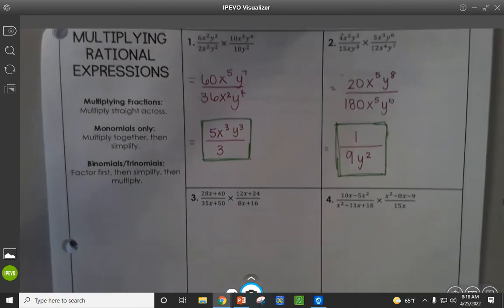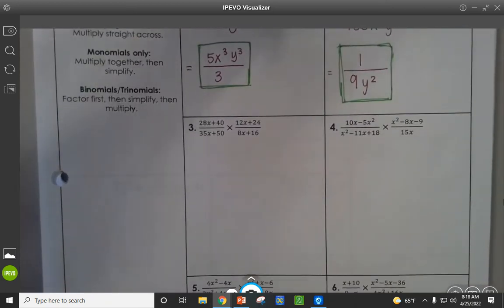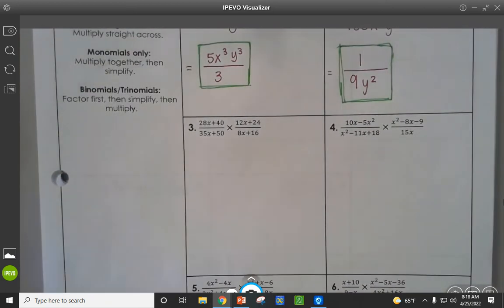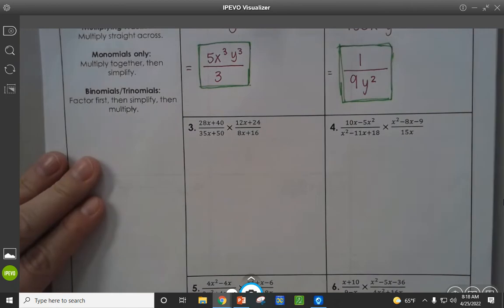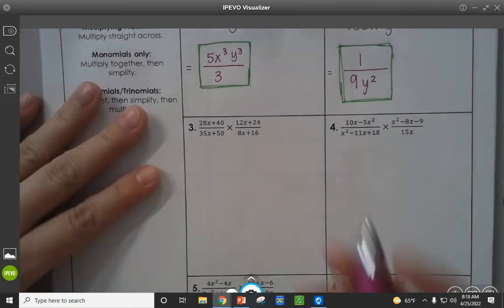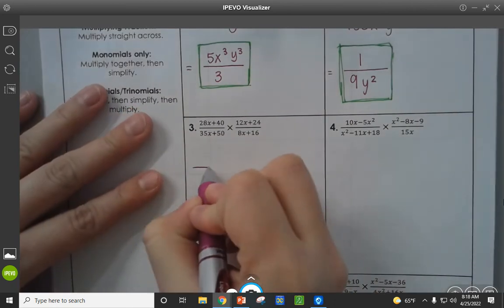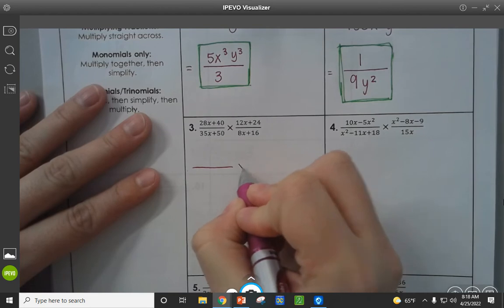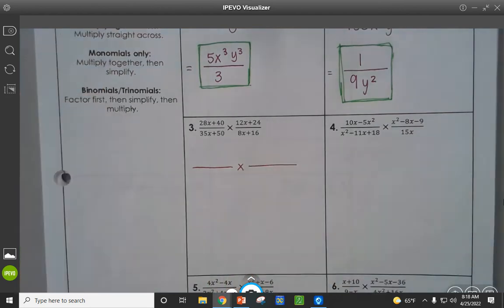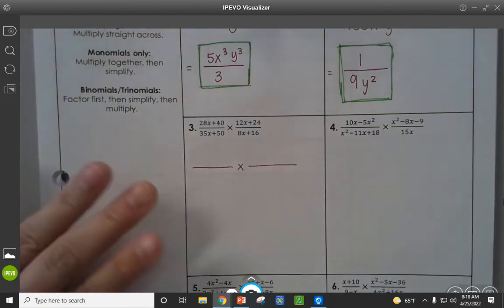Number 3, we no longer have just monomials. Okay. We need to factor. Now, what's the first step in factoring always? GCF. So let's factor everything by pulling out the GCF.